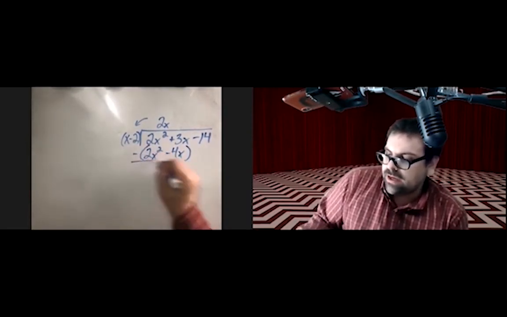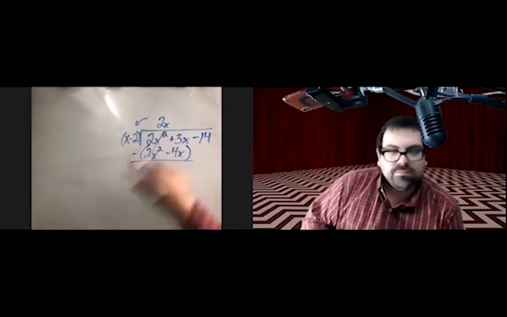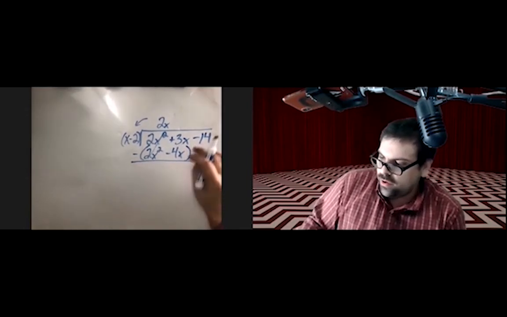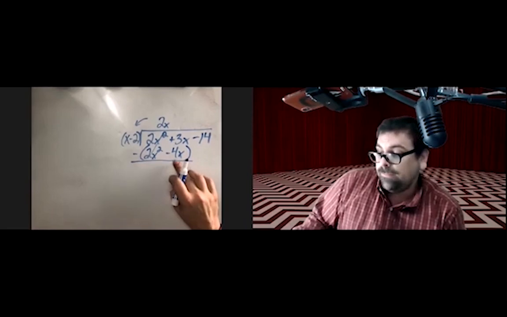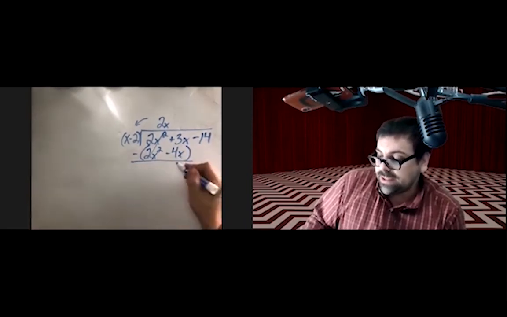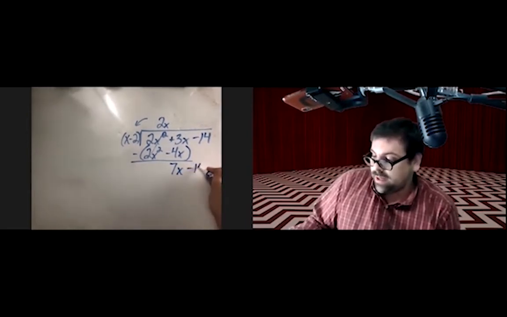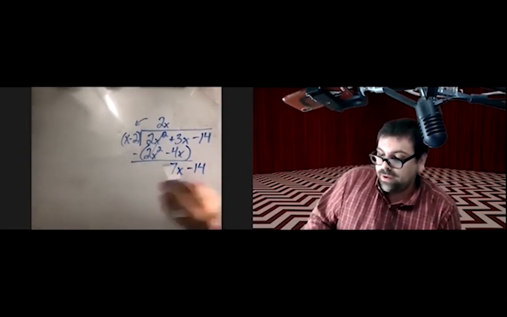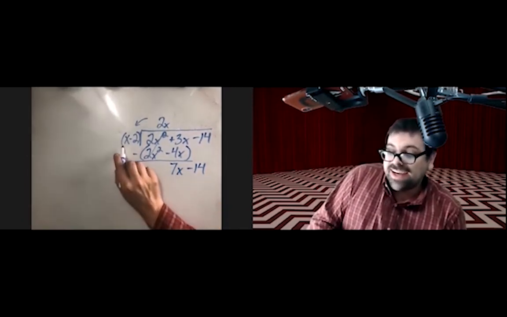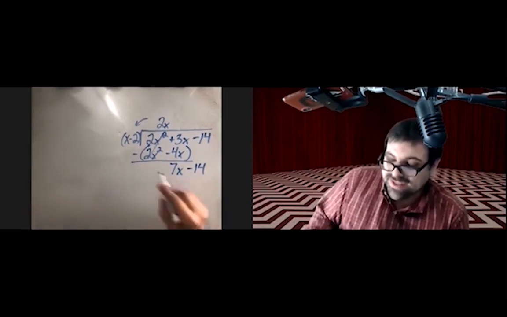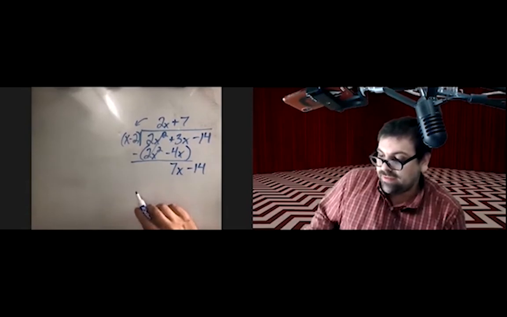Subtract the entire thing. 2x squared minus itself, bye-bye. 3x minus negative 4x would be 3x plus 4x, or 7x, minus 14. x times what is 7x? x times positive 7 is 7x.